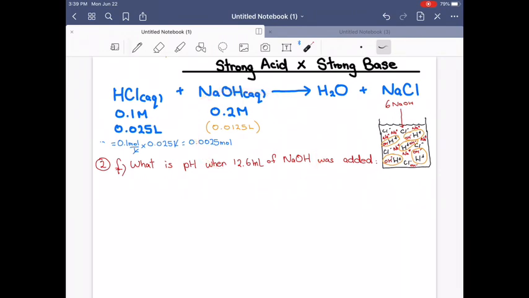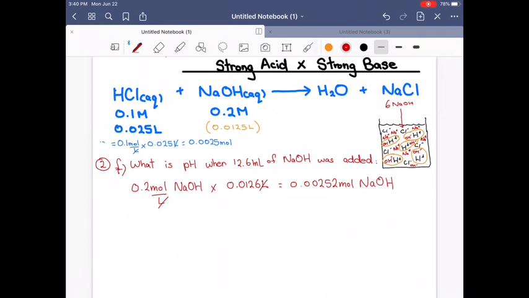Okay, so let's do that very quickly. First, you want to find out how many moles of NaOH there are. So 0.2 moles per liter of NaOH, and it looks like you have 0.0126 liter. That will give you 0.00252 mole of NaOH.